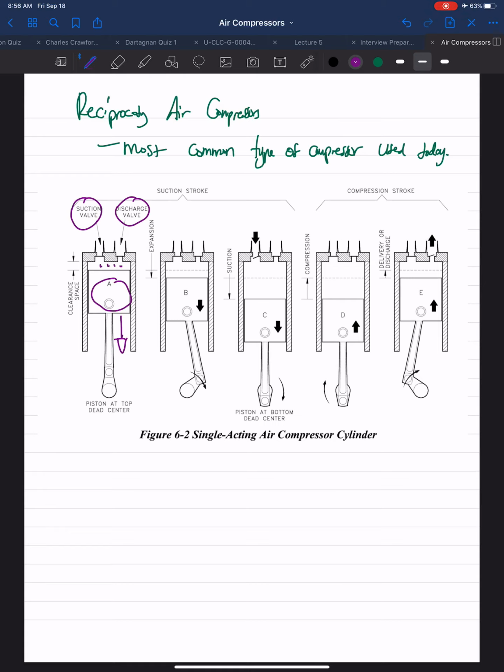So eventually, the pressure is low enough that the suction valve opens, this valve right here, which allows more air to enter the cylinder space. That's exemplified in step B. The piston starts to move its downward stroke, and eventually the suction valves open, allowing air to enter.